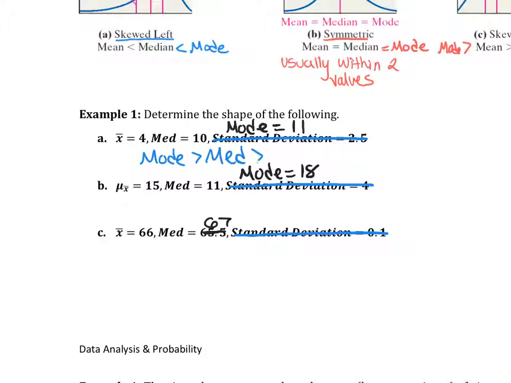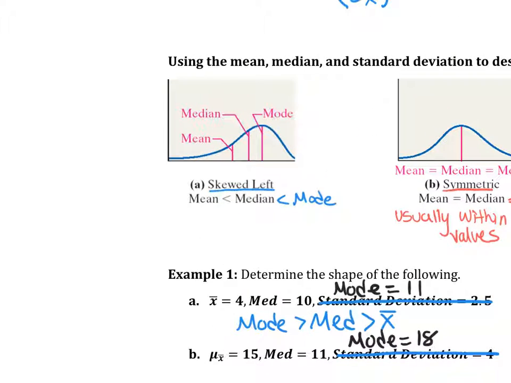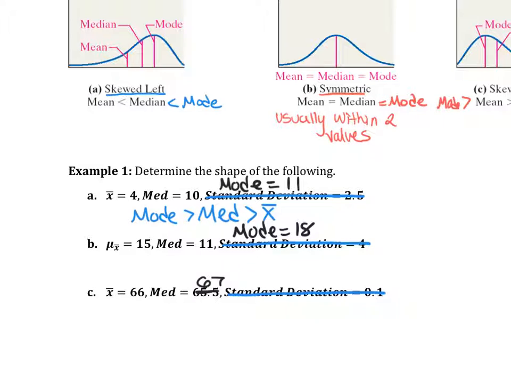But then the median is way bigger than the mean. So here if our mean is the smallest value, that is when we are skewed left. Mean is less than the median, which is less than the mode.